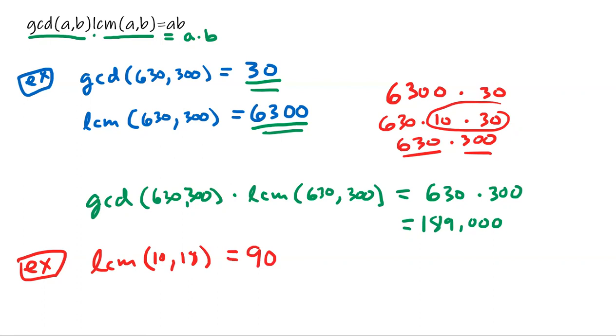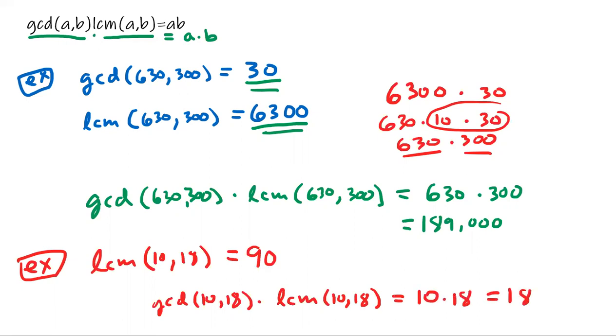Since that's good, I know that the GCD of 10 and 18 times the LCM of 10 and 18 has to equal 10 times 18. So I know it has to equal 180, right? I know the LCM has to be 90.